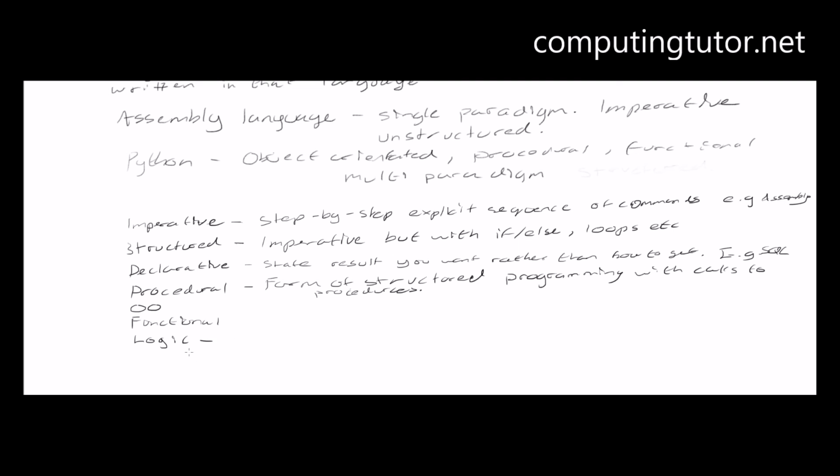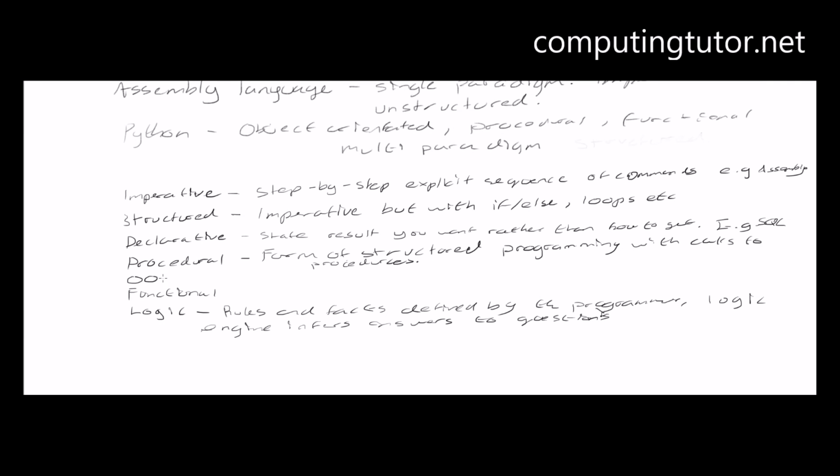Logic programming, if we skip to the bottom of the list here, I'll go over these two in a second. Logic programming is where we have a set of facts and rules that are specified by the programmer, and a logic engine is used to infer answers to questions that are asked of the program. So the programmer defines rules and facts, and then a logic engine interprets those rules and facts and gives answers to questions.